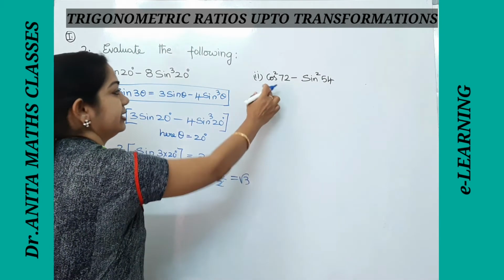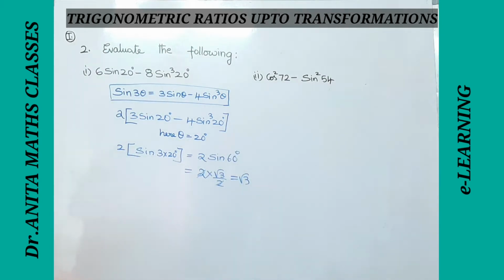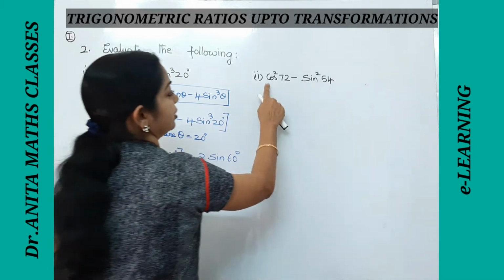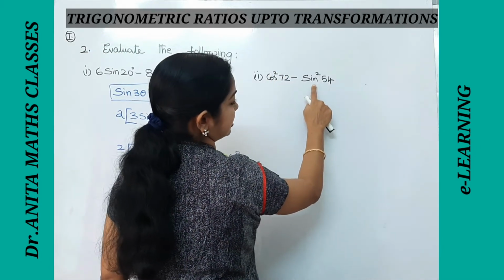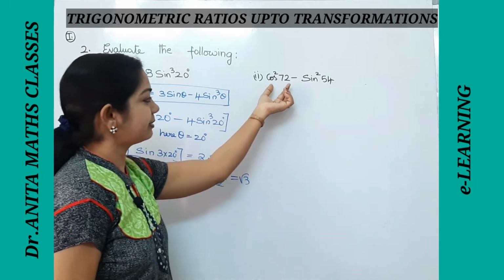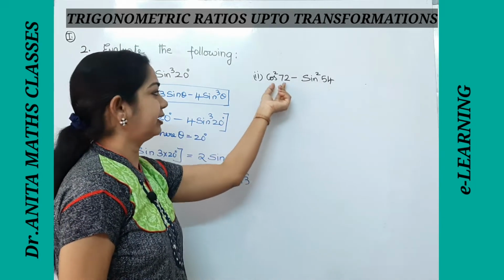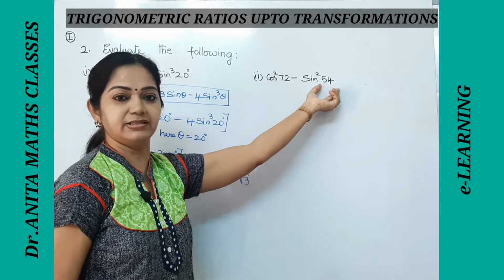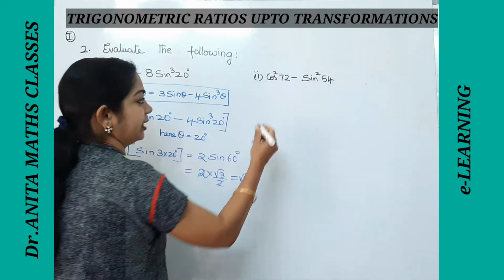Now let's see the next one here. Cos square 72 degrees minus sine square 54 degrees. Now I can reduce them like 90 minus of something: 90 minus 18 and 90 minus 36. Let's write that way.